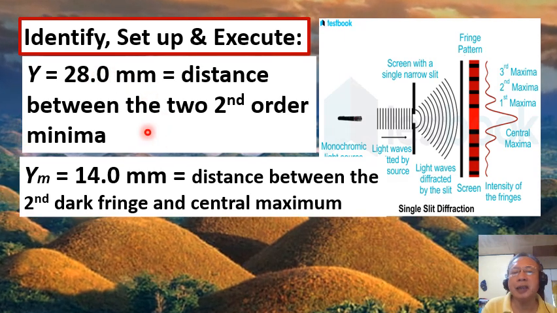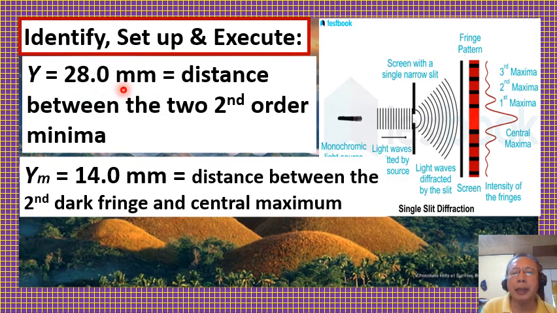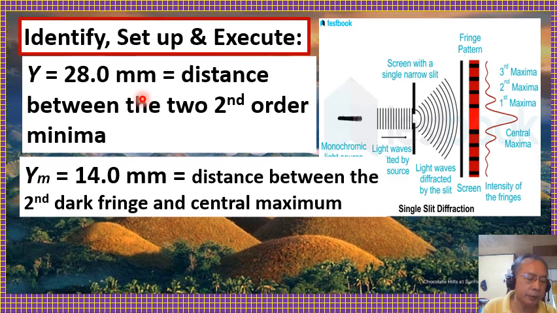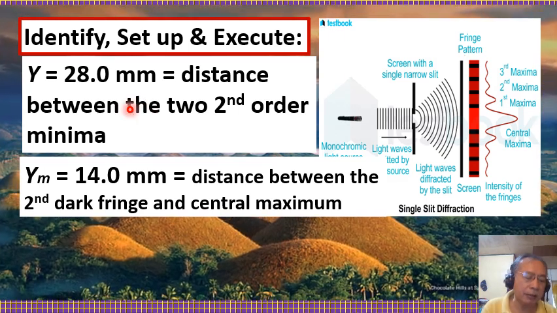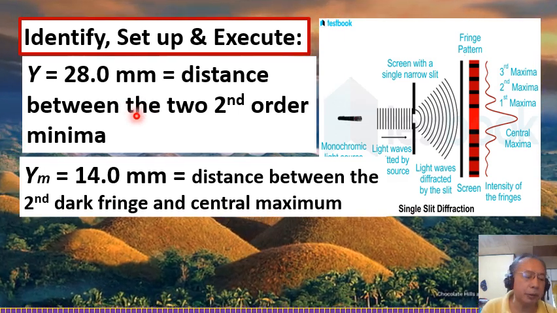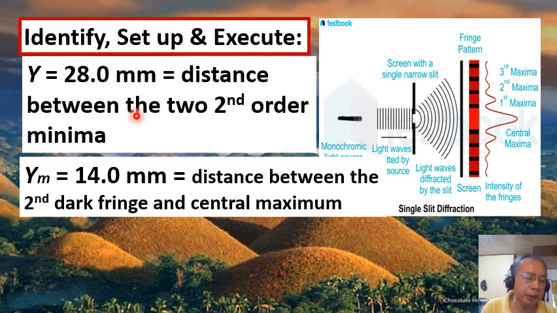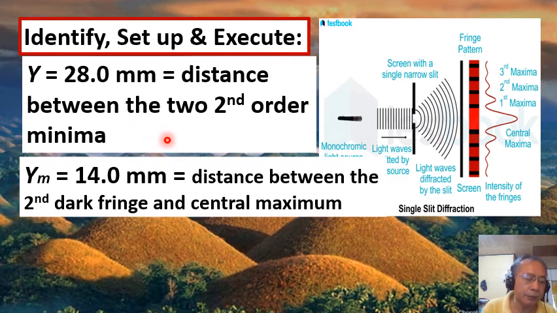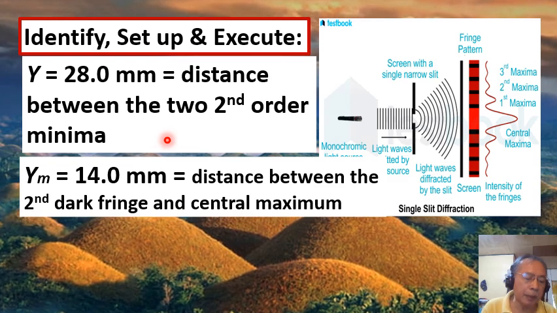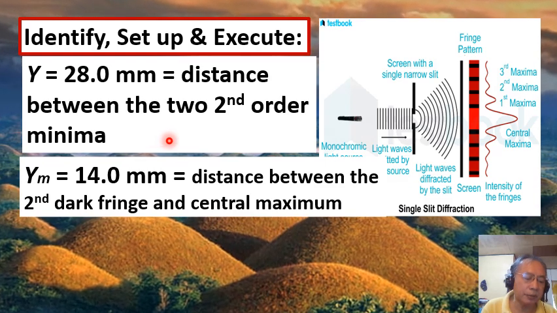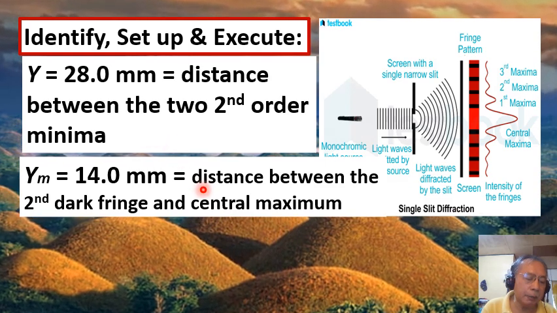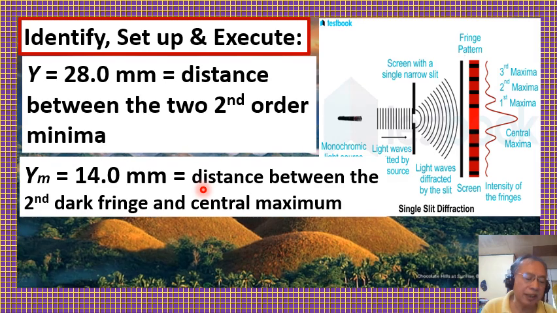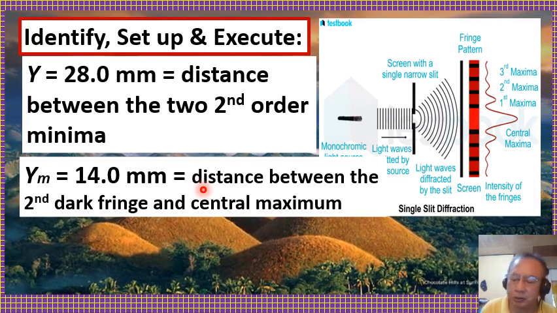And this is given as 28.0 millimeters. So, half of that, or 14.0 millimeters, is the distance y sub m. All right? Y sub m is the distance from each second minimum to the center of the central bright fringe.